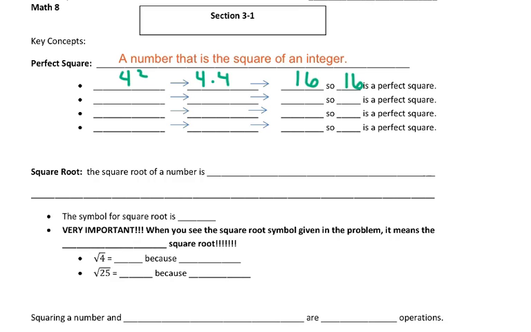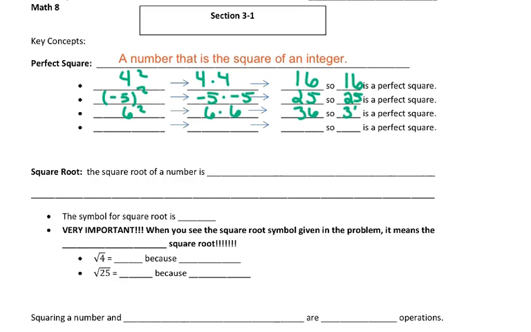How about -5 in parentheses squared? So that means -5 times -5. A negative times a negative is a positive, so we get positive 25, which means positive 25 is a perfect square. 6 squared is equal to 6 times 6, which is 36.